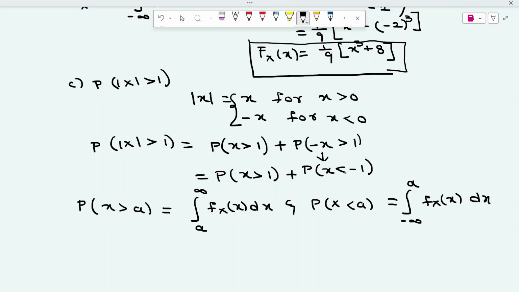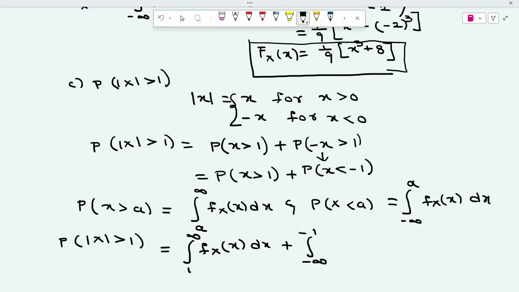So now if we substitute this, probability of mod x greater than 1 will be, the lower limit here will be 1, to infinity fx of x dx plus integral from minus infinity, the upper limit here being minus 1, fx of x dx. So one limit is from 1 to infinity, the other is minus infinity to minus 1.